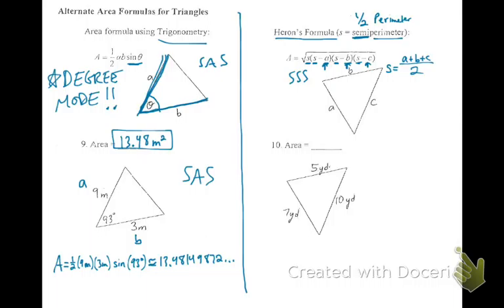So for the example given below, the semi-perimeter is going to be 5 plus 7 plus 10 divided by 2. Just add up all 3 sides and divide by 2. That gives you the semi-perimeter, which is half of the perimeter. 5 plus 7 plus 10 is 22, so the semi-perimeter must be 11 yards.